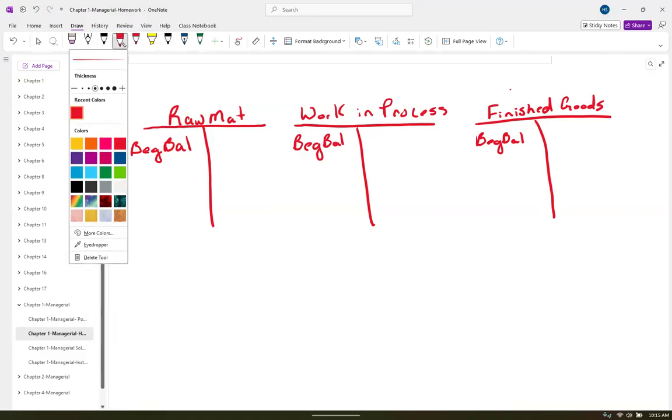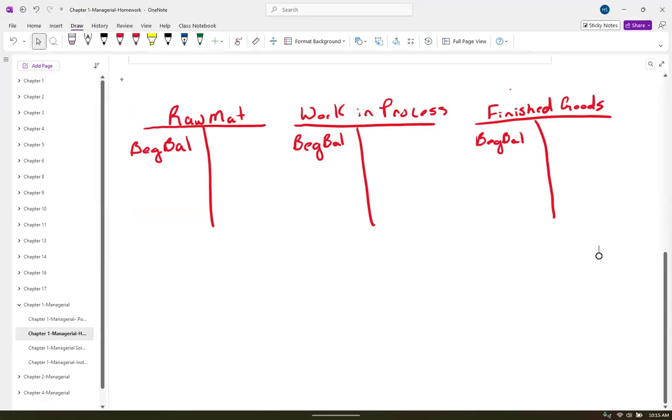Let me make my tip just a little bit bigger there. I'm going to put that up there. So it is similar to merchandise inventory. These are all three asset accounts. In a merchandising business, we had one asset when it came to inventory. Manufacturing is going to have three.